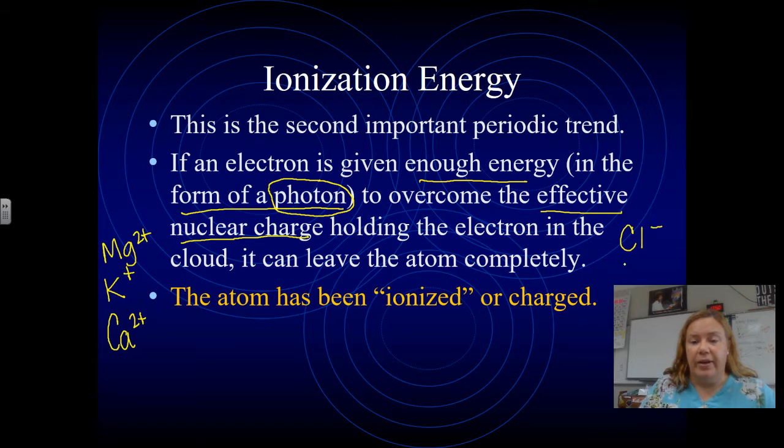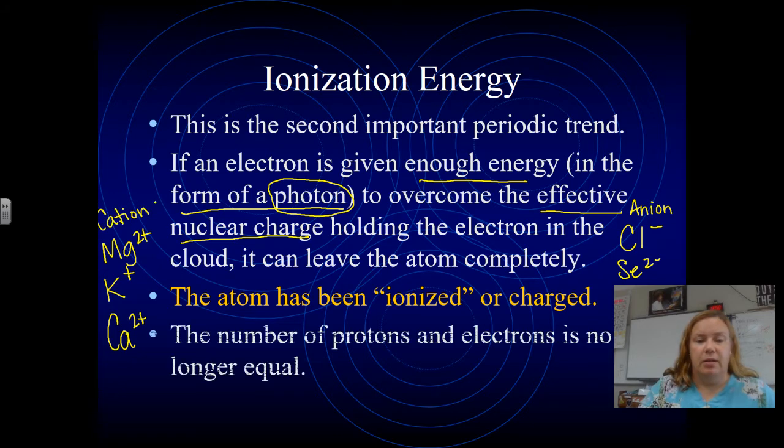So remember, anions are the ones that gain electrons, and cations are the ones that lose them. Don't forget that. The number of protons and electrons is no longer equal then.